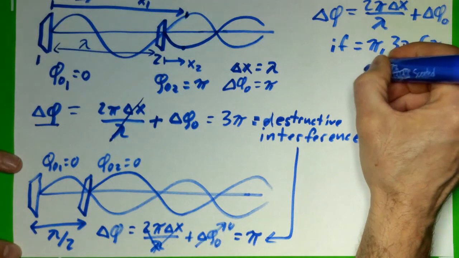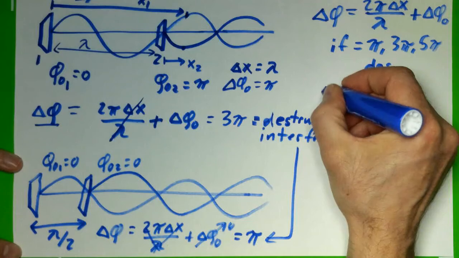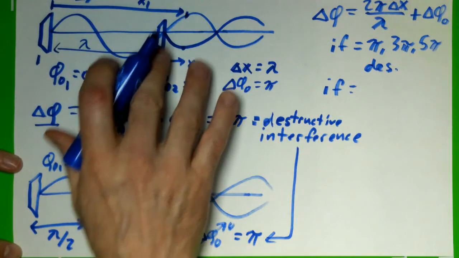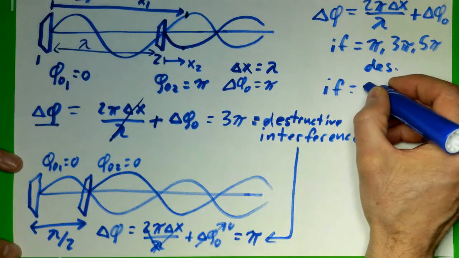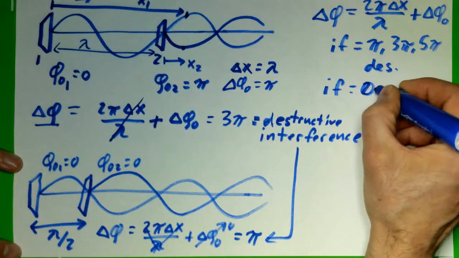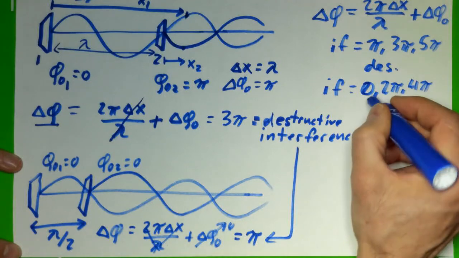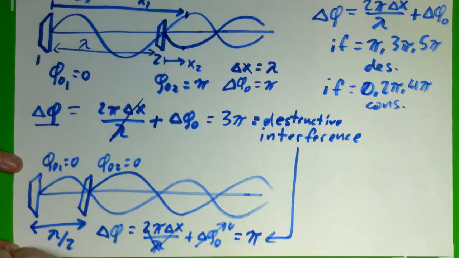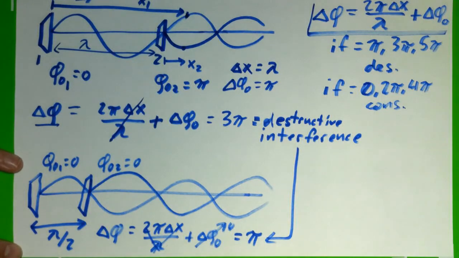Then we get destructive interference. They'll cancel out completely. Now, if we set our speakers' positions or their phase such that this equals 0 or 2 pi or 4 pi, then we get constructive interference.